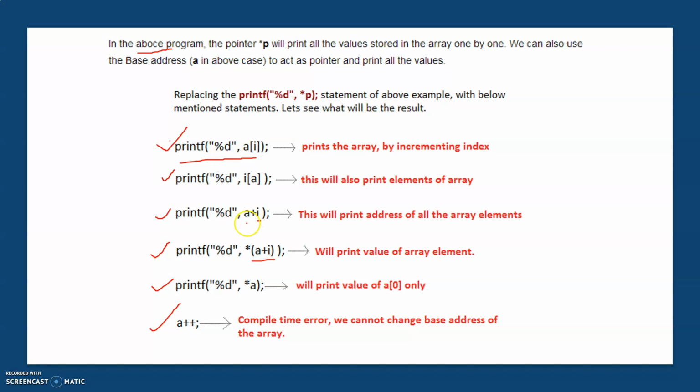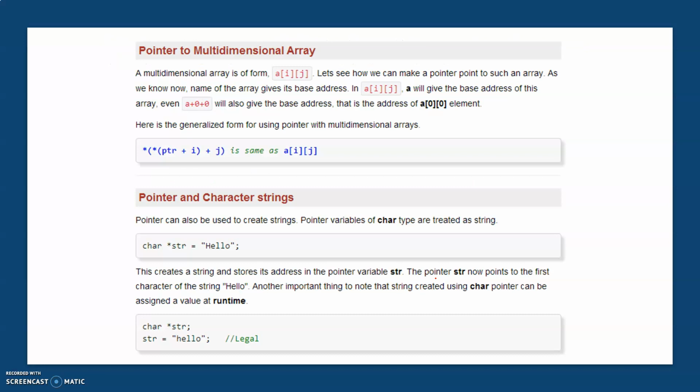When you are using pointer a+i, this whole total means the address of the array elements. So a++ alone doesn't have a value. It will give an error, and the change in the address will also not occur. Okay, so these are the features of pointer to array.